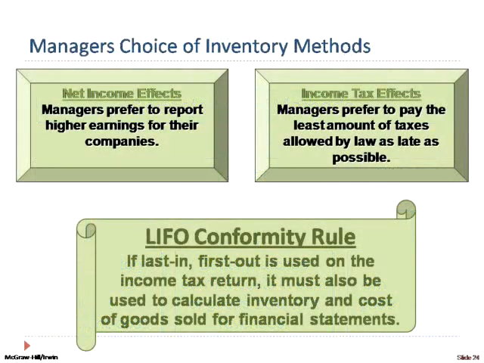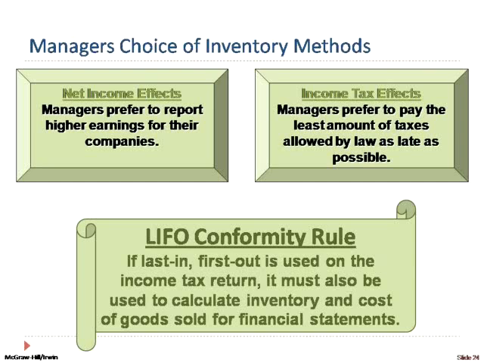Part 1. What motivates companies to choose different inventory costing methods? Most managers choose accounting methods based on two factors. 1. Net income effects. Managers prefer to report higher earnings for their companies. 2. Income tax effects.